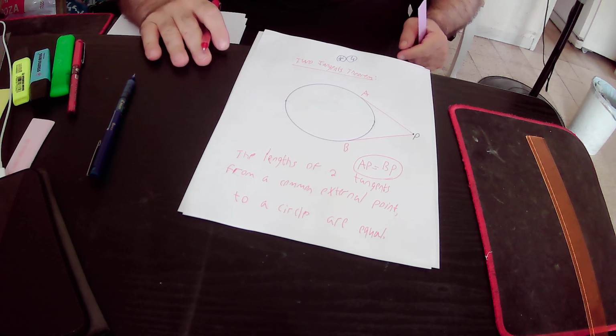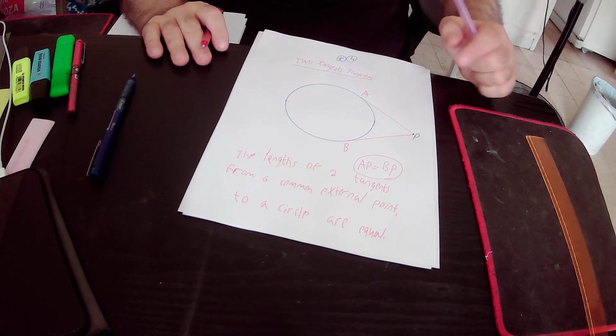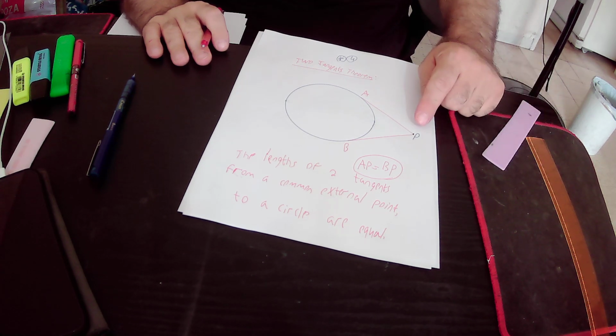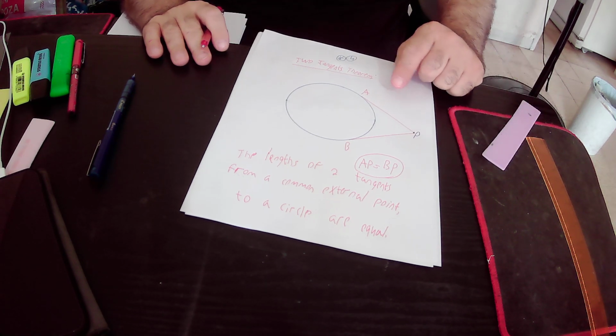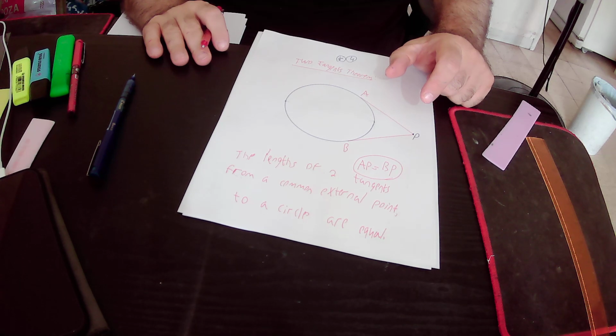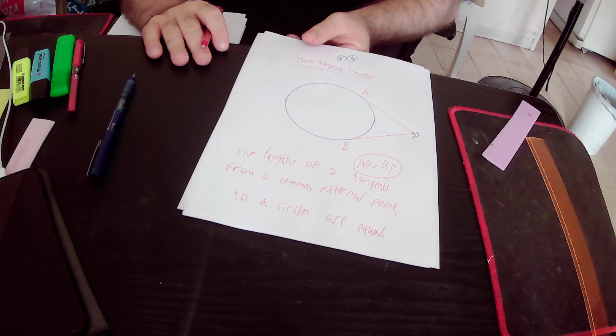So if you draw two tangents from a common external point to a circle, then the lengths of those two tangents are equal to each other, that is to say AP equals BP.